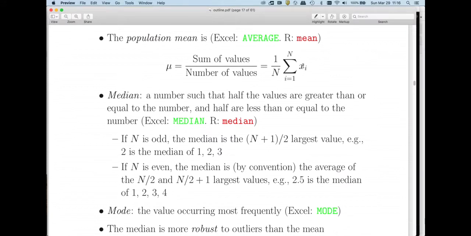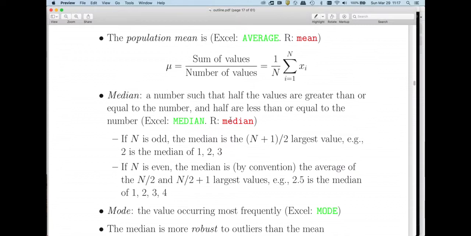Okay, so the mean is not at all robust because I can make that value as large or small by having one extreme value. The median, on the other hand, is extremely robust in that bringing in one extreme value does not change the value of the median at all.